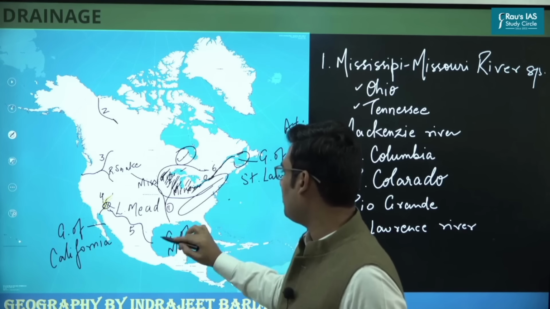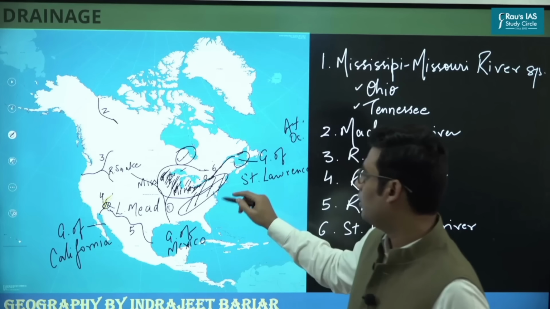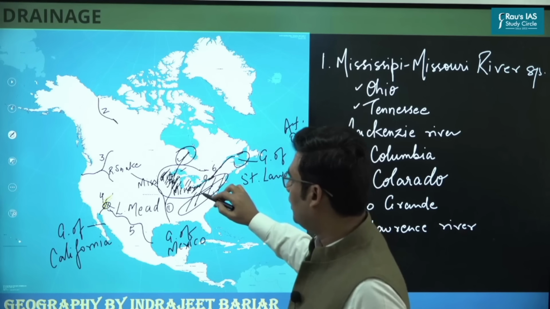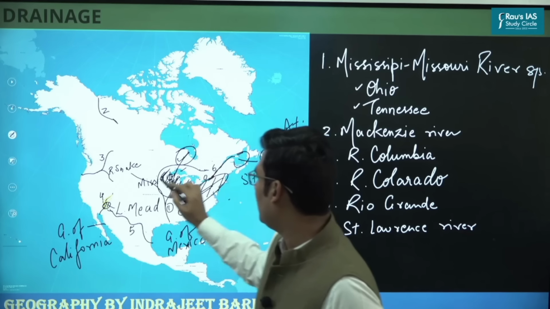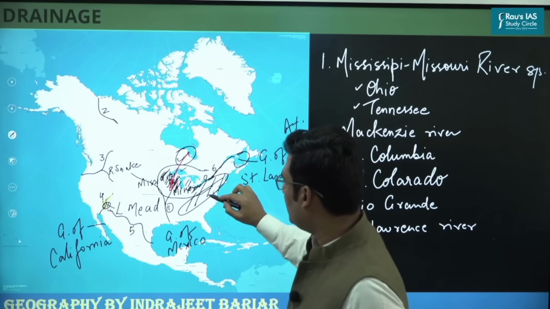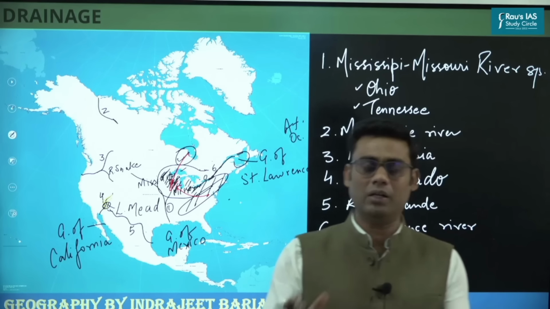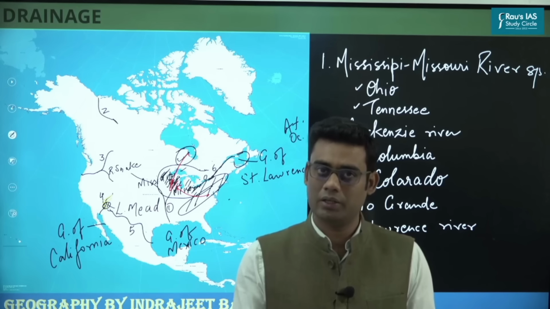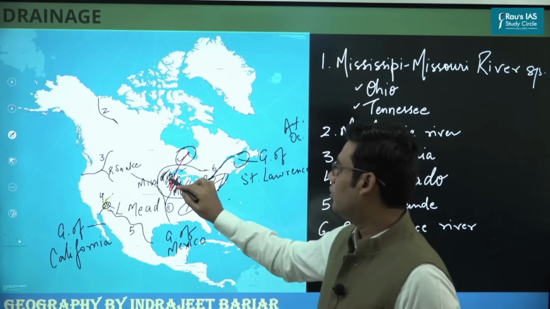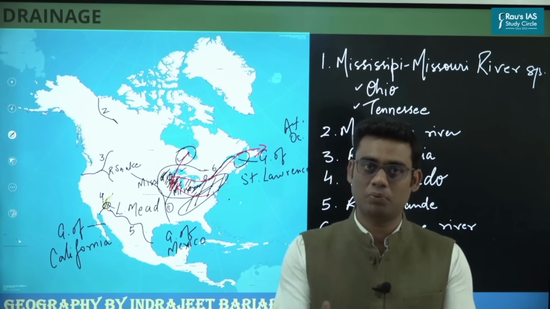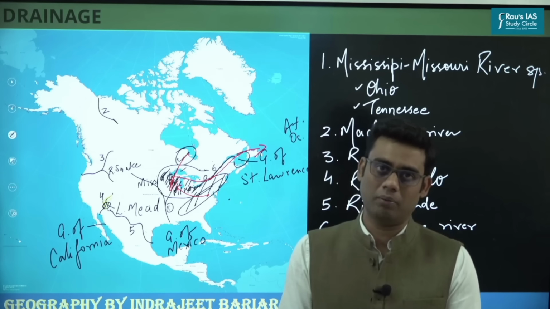On this side you have the Appalachians, which is rich in energy resources. So with the minerals from the Canadian Shield and the energy resources from the Appalachians, it provides one of the most ideal sites for industrial development. And in addition to that, you have access to the open ocean also. So transportation is also facilitated due to this.